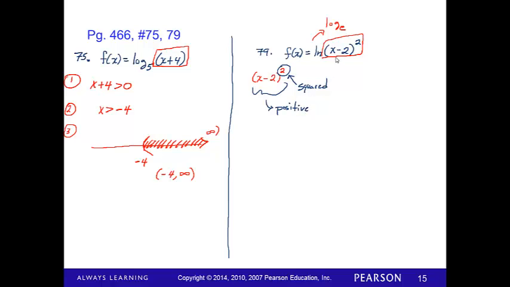So you don't have to worry about it ever being negative. What you need to be concerned about is, can it ever be 0?